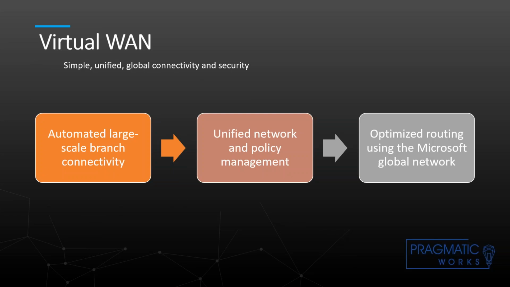So virtual WAN, that's the simplified, unified, global connectivity and security. It says it all, right? So things to call out for that, it does great for large-scale branch connectivity. Allows for policy management across your global org or across your nation org. And it also is optimized routing using Microsoft's global networking.